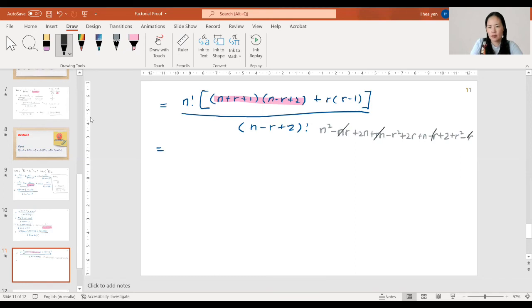This and this will cancel, and this will go. So what I've got left is this: n factorial, and then n squared plus 3n plus 2.